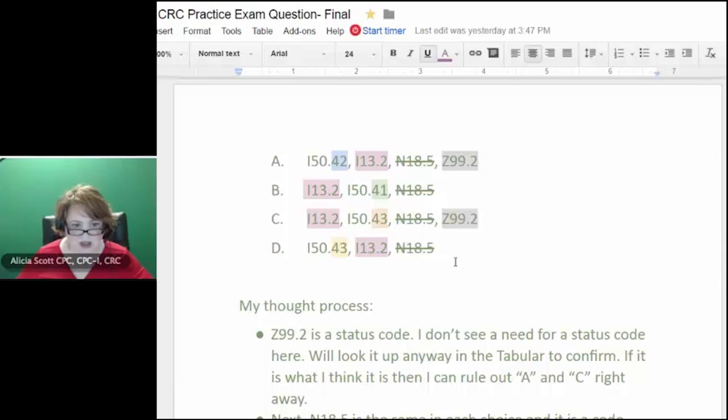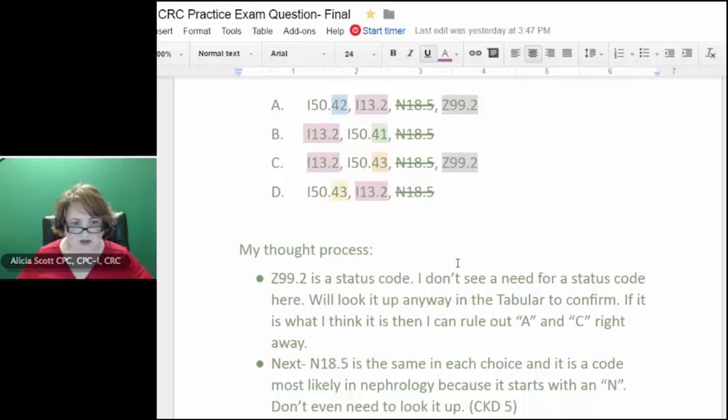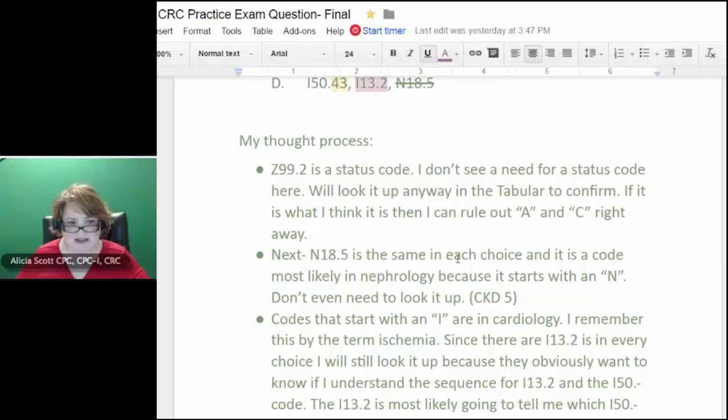Okay, let's run real quick through my thought process. The Z99.2 status code allowed us to knock out A and C. N18.5, I don't necessarily need to look it up because it's already on every single choice and in the same location, so I don't have to worry about that.